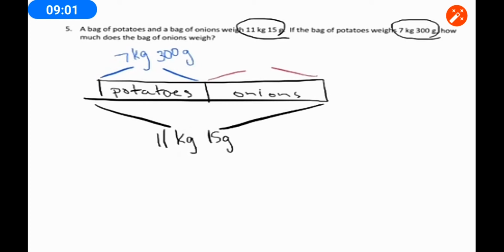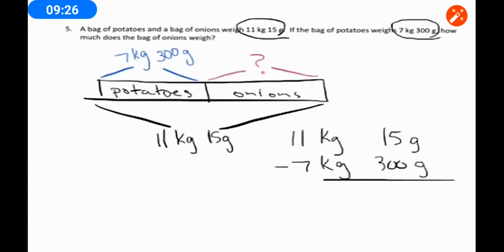So we are asked to look for the weight of the bag of onions. So we are going to subtract. We have 11 kilograms, 15 grams minus 7 kilograms, 300 grams.